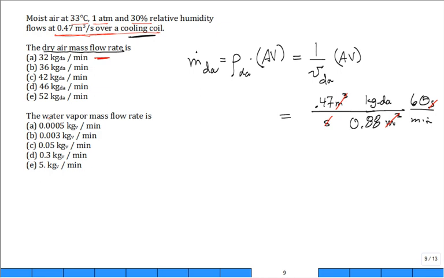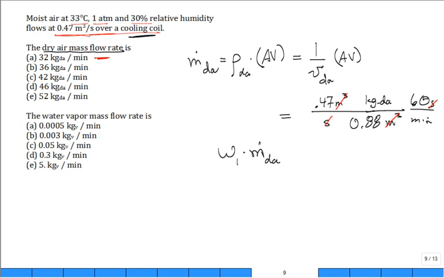What is the water vapor mass flow rate? So we have 32 kilograms of dry air per minute going toward that coil. How many kilograms of water vapor going toward that coil? What is the product of omega 1 times m dot dry air?